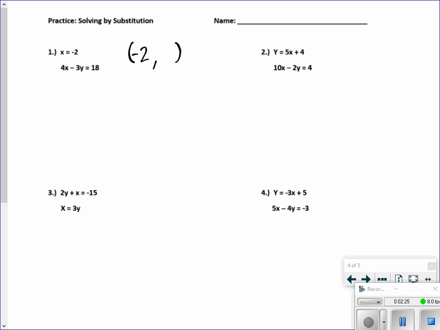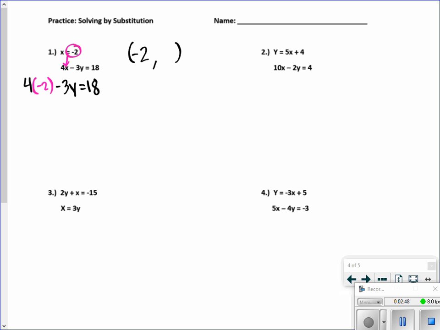Take what X equals, plug it in, substitute it in the other equation to solve it for Y. So that would be 4, but instead of X, it's times -2, minus 3Y equals 18. Do we now have an equation with just one letter?